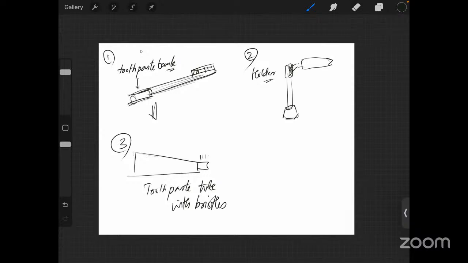So ideas 1 and 3 over here are somewhat similar, right? We have the toothpaste tank, and the next one is the toothpaste tube with bristles, which is the toothpaste tank on a bigger scale. Then we have a holder, which is much easier.